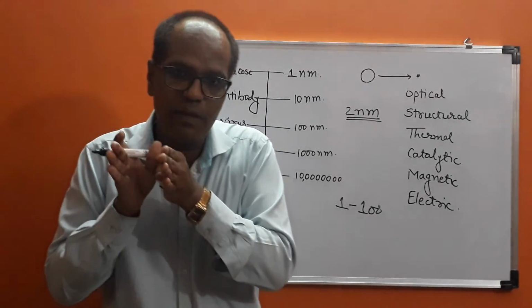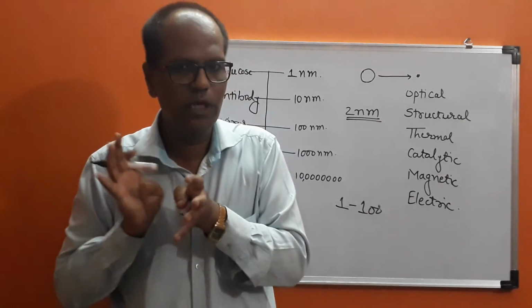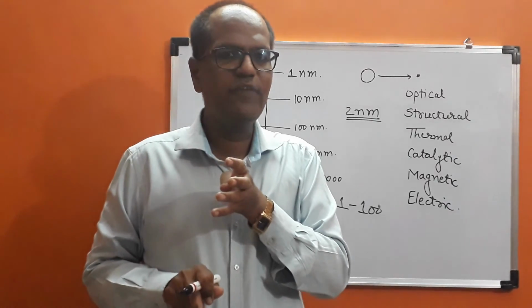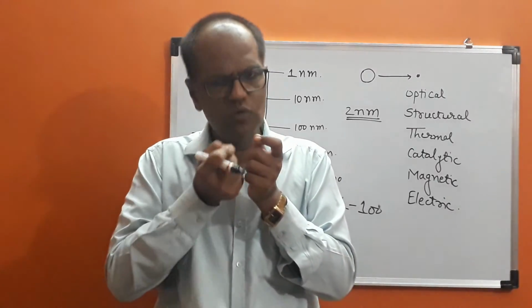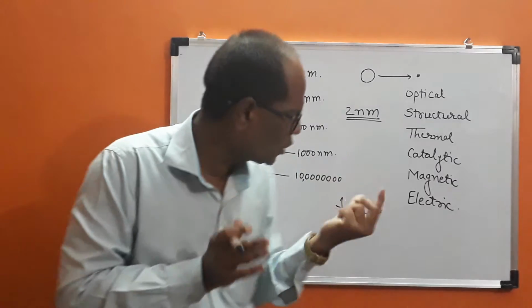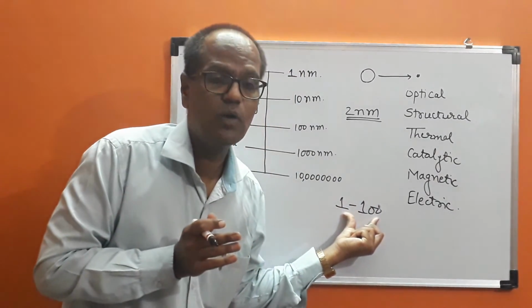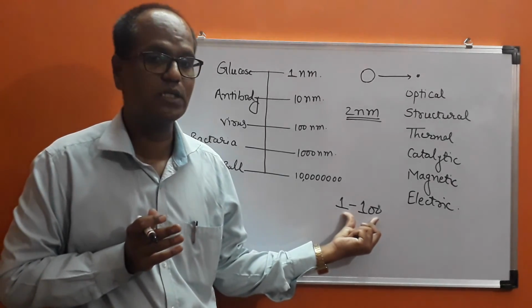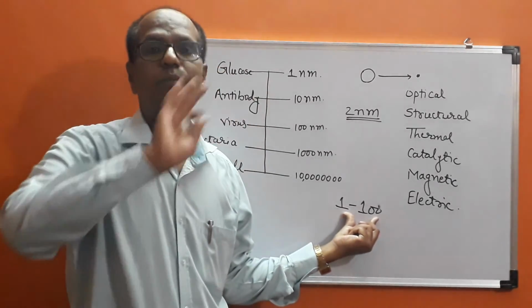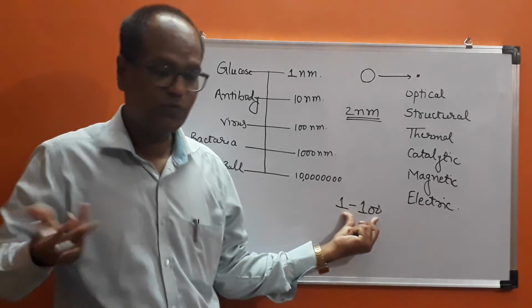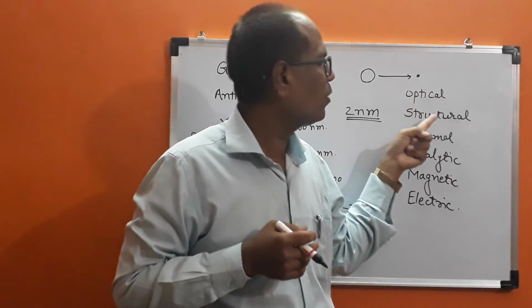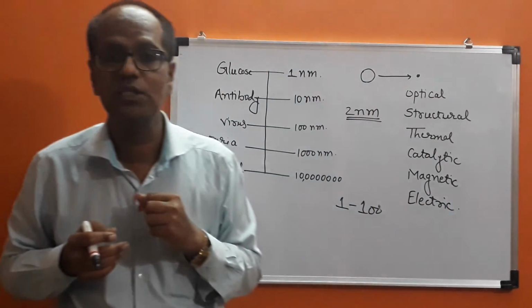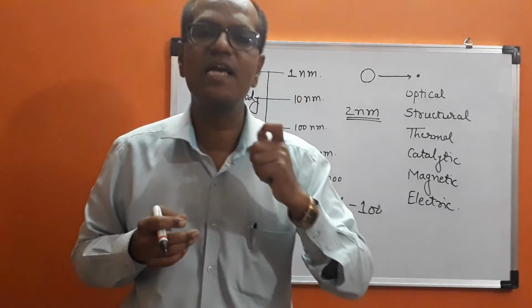Means carbon at a bulk level, in a large quantity, shows different properties. But the same carbon, if its size is very minute and its dimensions are controlled in this range of 1 to 100 nanometers, then its physical properties, whether optical, structural, thermal, catalytic, magnetic or electrical, change to a very drastic level.